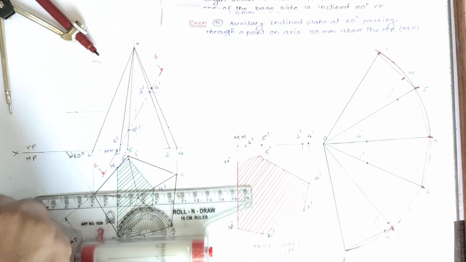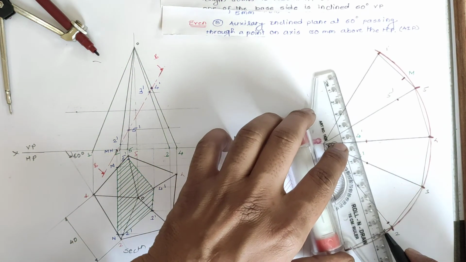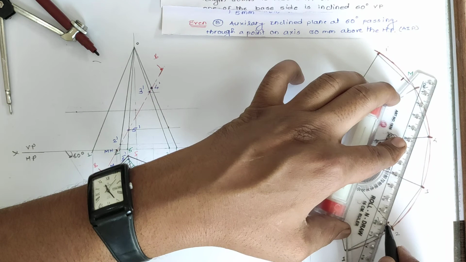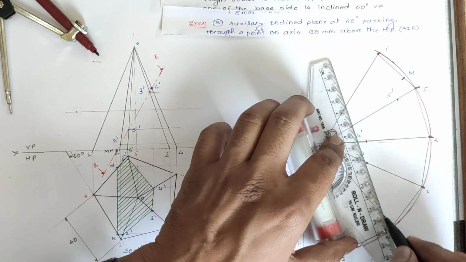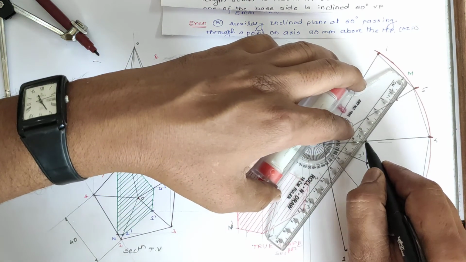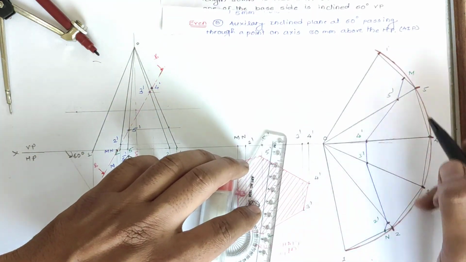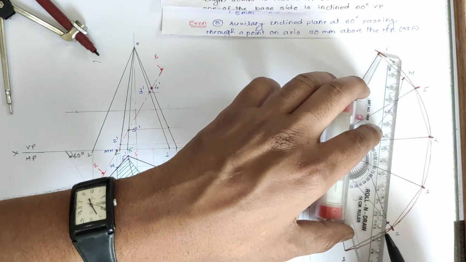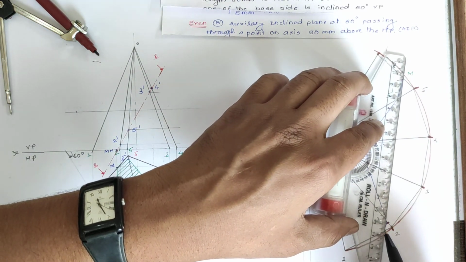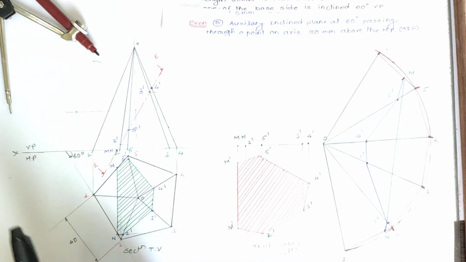Connect all the points with straight lines: N to 2, 2 to 3, 3 to 4 dash, 4 dash to 5 dash, 5 dash to M, and again N to M. This is the development of the given problem.